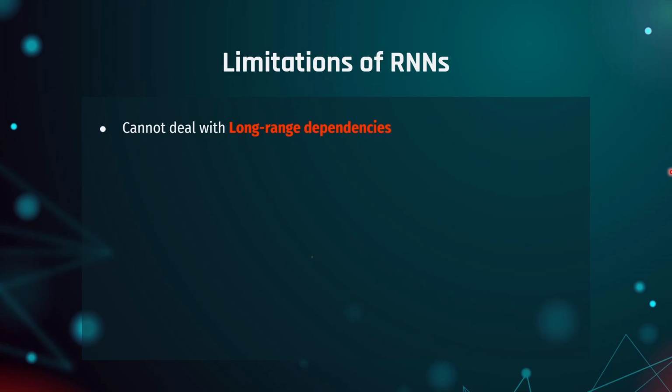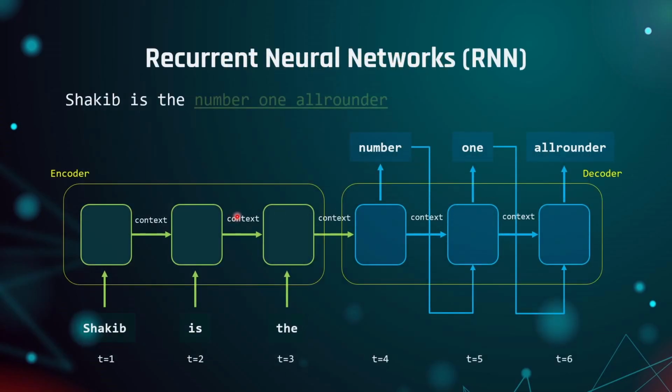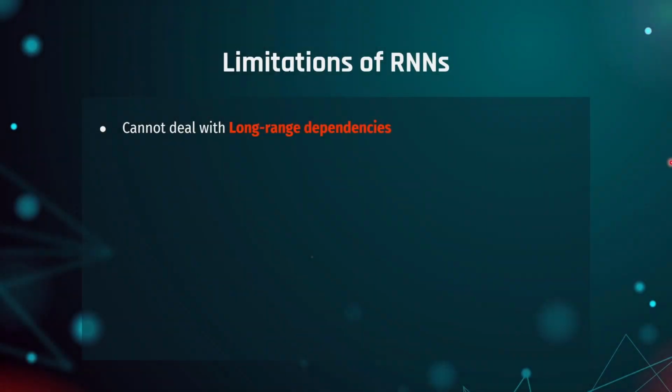What does that mean? It means the context variables we have seen in previous steps basically act as memory of what they have seen previously, right? For example, a particular context will have the memory of all the previous words, the, is, Shakib, right? But this particular context will only have the memory of is and Shakib, right? Now this is the issue with RNNs.